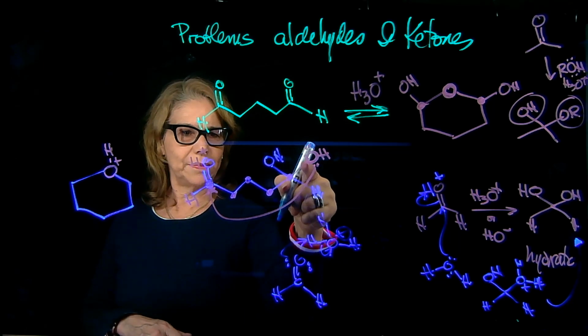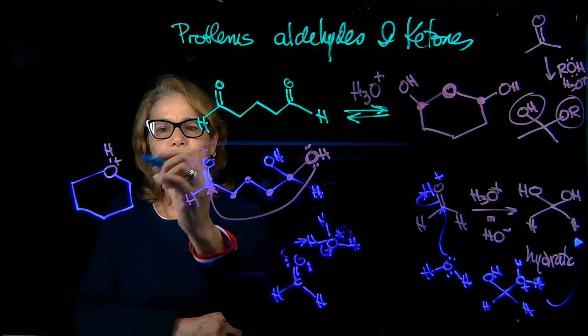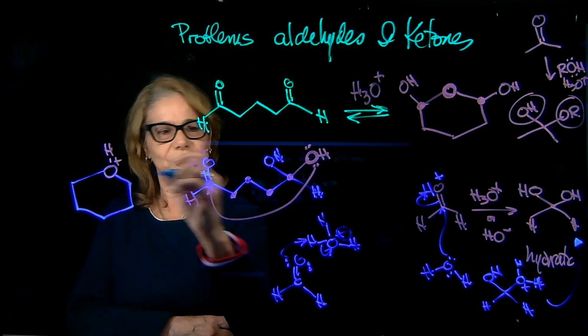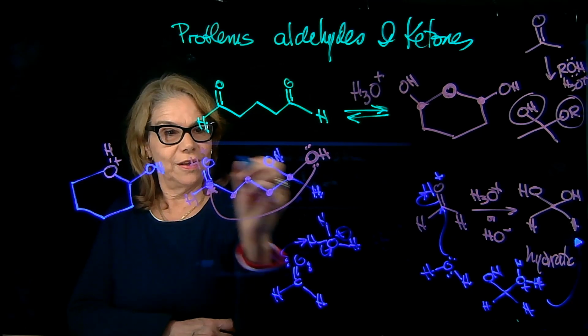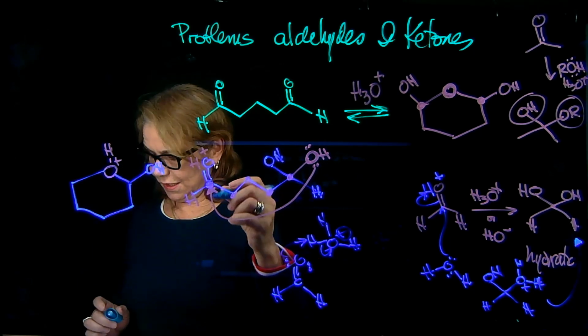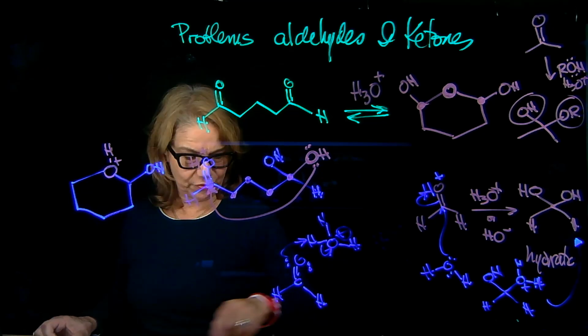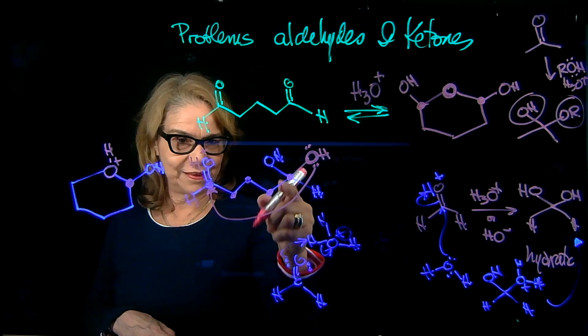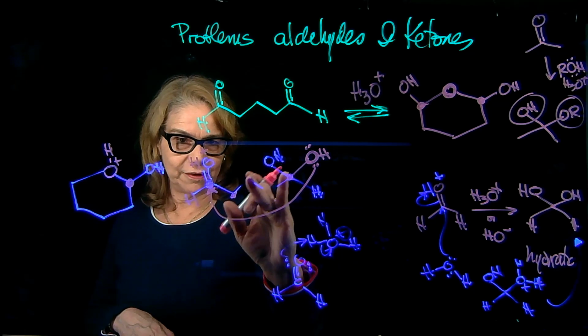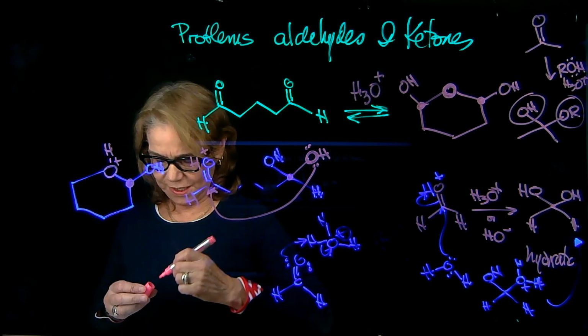And the carbon here had an H and an OH. So I don't need to draw the H, but I do need to draw the OH. So this is this carbon. Let's do another purple circle, and let's erase all of this.